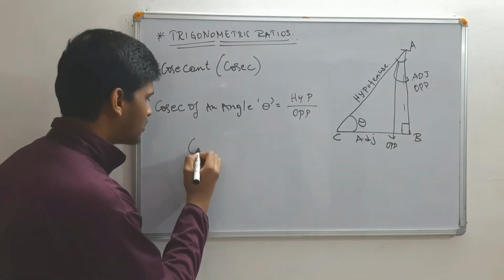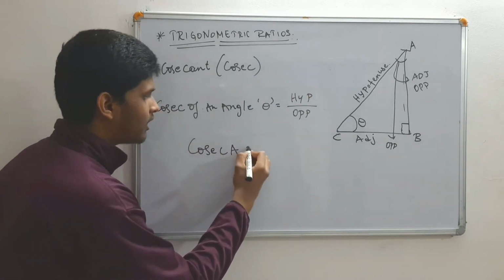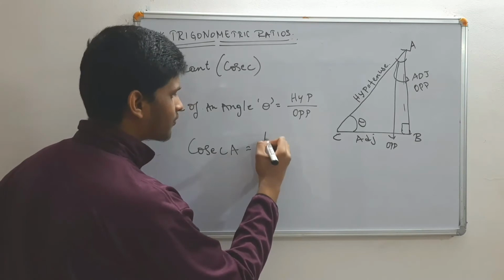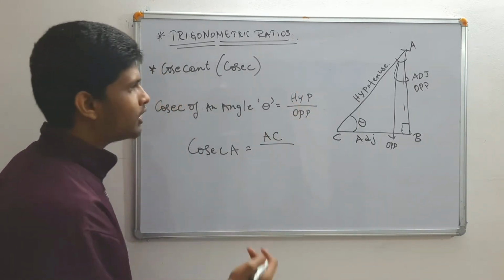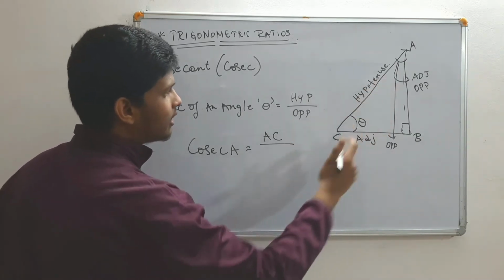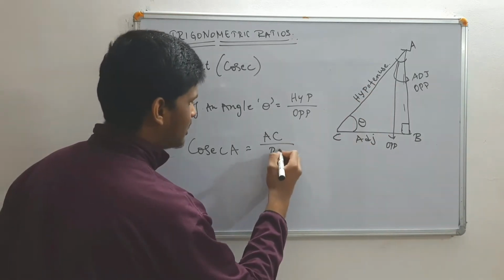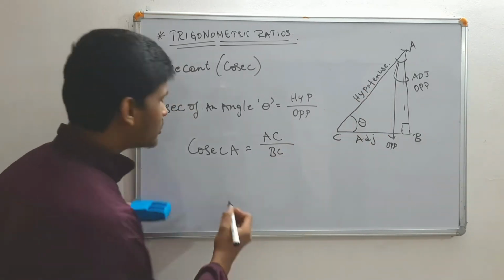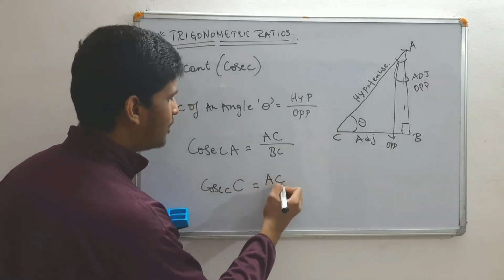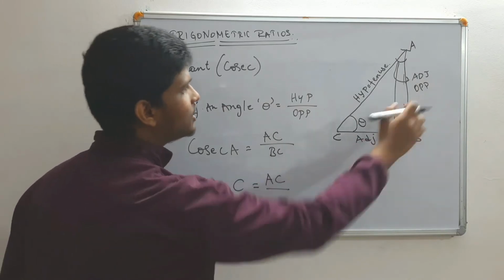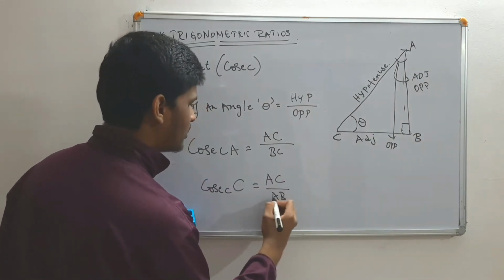So here if you consider cosecant A, then cosecant A will become AC divided by BC, which is hypotenuse divided by opposite side, length of BC. And if you take cosecant of angle C, it becomes hypotenuse divided by opposite side, which is length of AB.